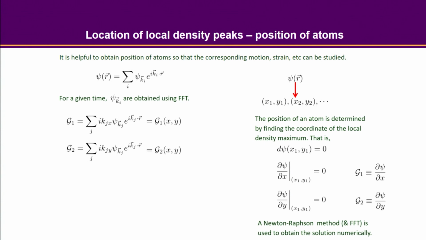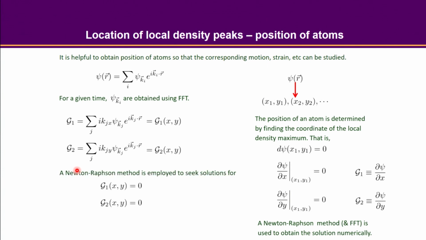So the task now is that I have two functions, G1 and G2, which are functions of x and y, and I'm trying to look for a solution pair x, y that will make those two g's equal to 0. Although x and y appear in the density wave, with a lot of exponentials e to the ik dot r, and you have to sum, for example in 2D, six plane waves, you can just throw in a number and ask the computer to do the calculation. So that's not that difficult.